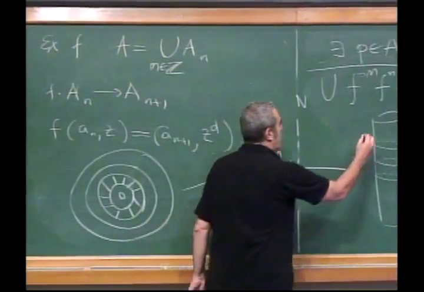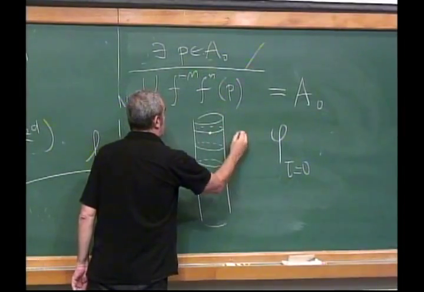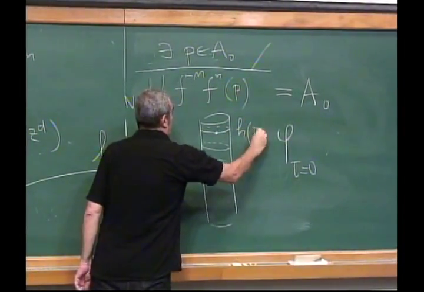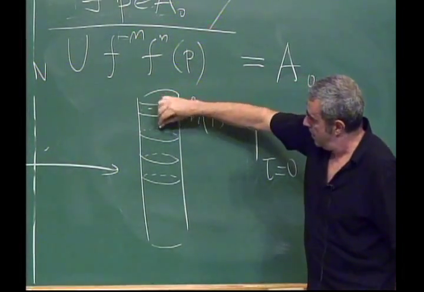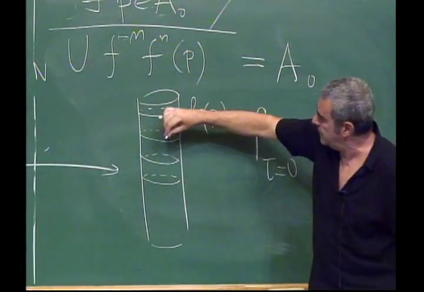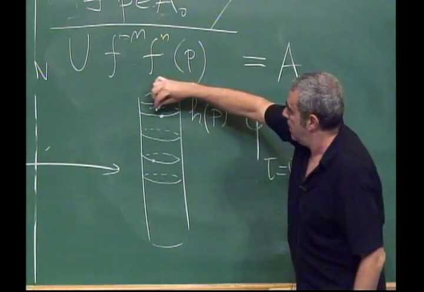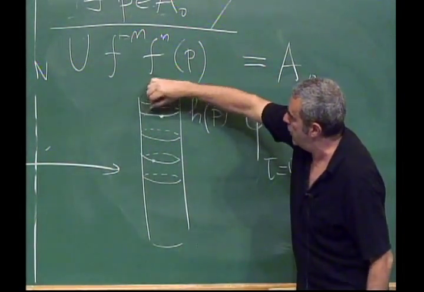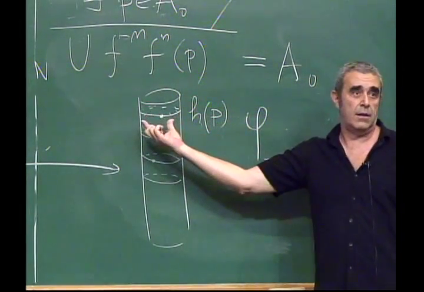Pick a point H of P and make n images of it. You will have a point here. Now take the n preimages, and you will have a lot of points in this circle.